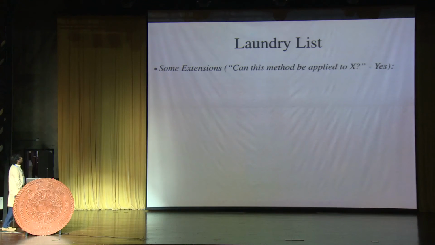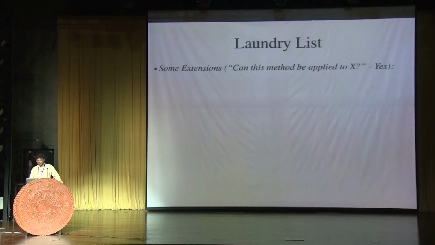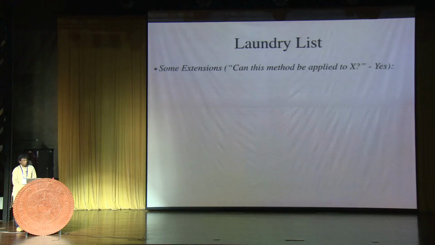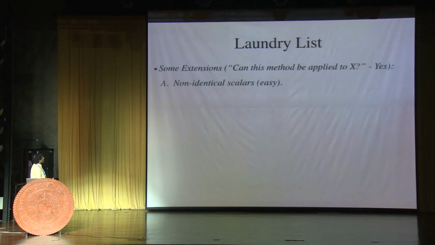I'm at my end. If you're wondering whether this method can be applied to your favorite CFT, the answer is in principle yes, but probably in practice to extract results will require more refinements and extensions. I'll just mention some of them which are on our list. Non-identical scalars is very easy. It's just a straightforward generalization. To put in spinning external operators should not be very much more difficult.